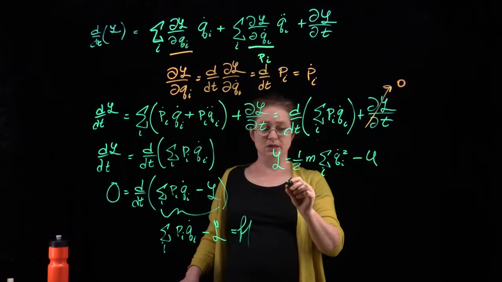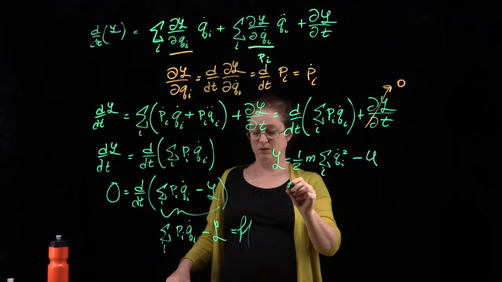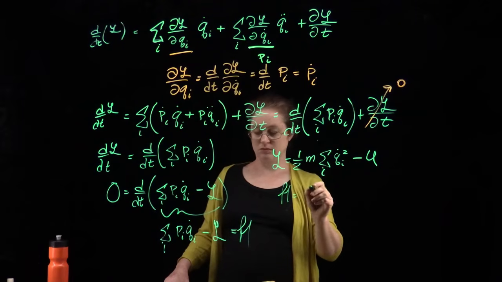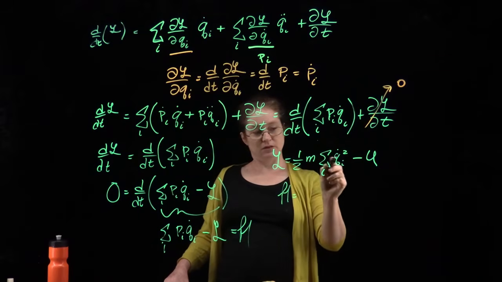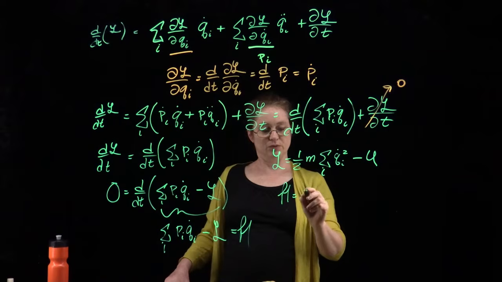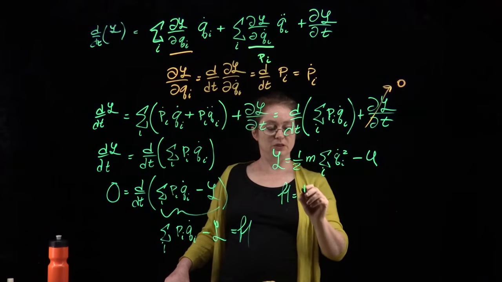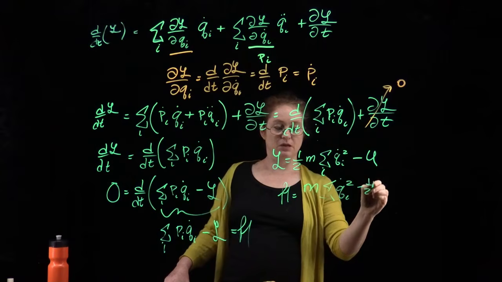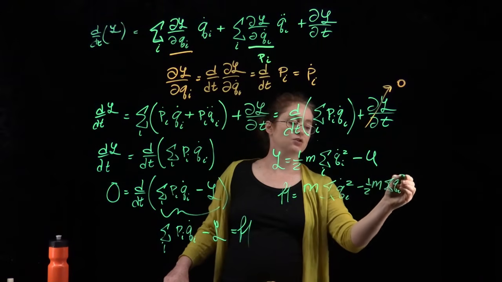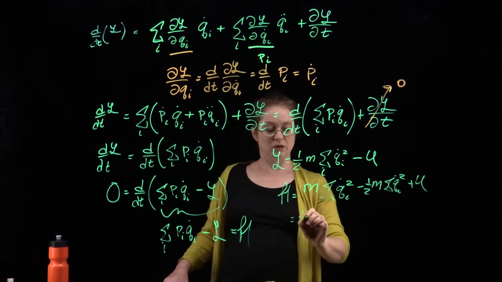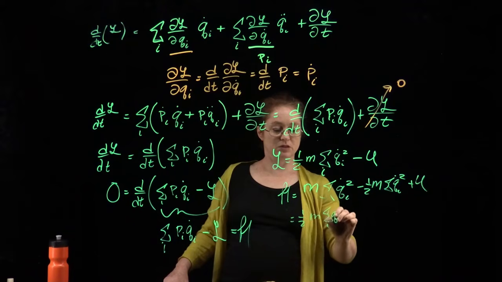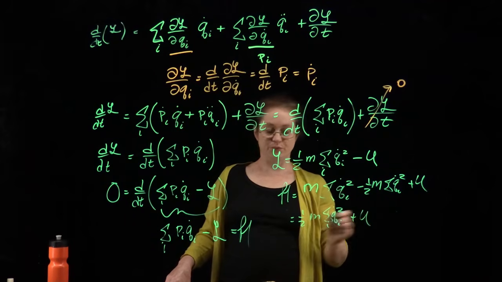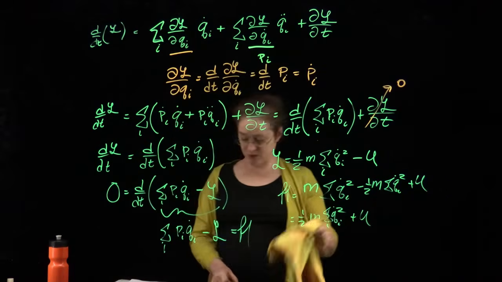So then the Hamiltonian in that case turns out to be m times the qi dot squared minus 1/2 m times the qi dot squared plus u, or 1/2 m times the sum of the squares of the time derivatives of the coordinates plus u. So in many cases, the Hamiltonian is the energy.